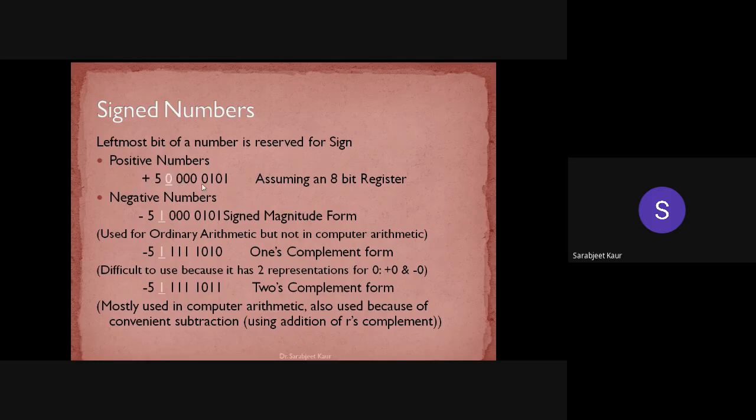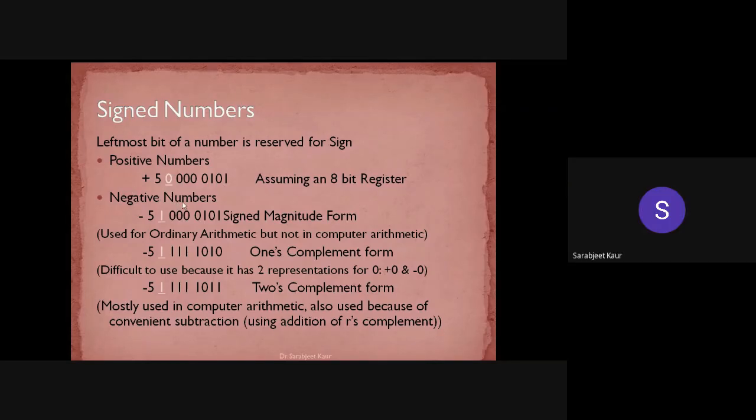And in the remaining bit positions, I store the magnitude of this number, that is 0, 0, 0, 0, 1, 0, 1. Is this clear to everybody? Yes, ma'am.